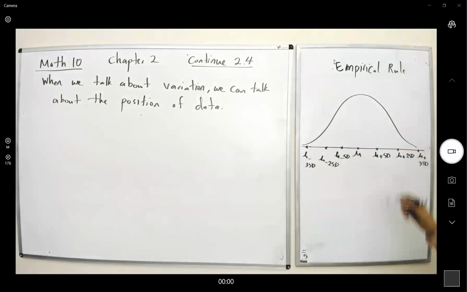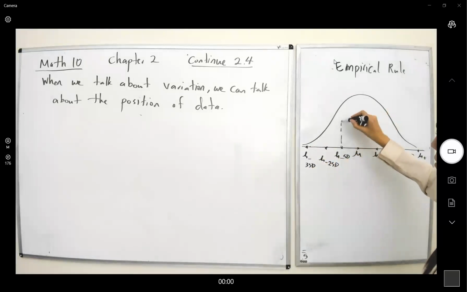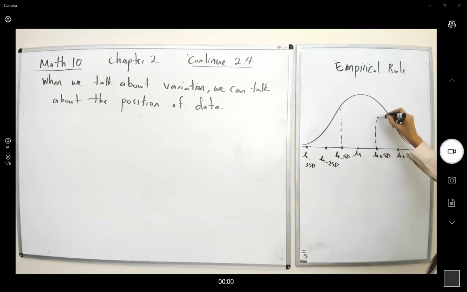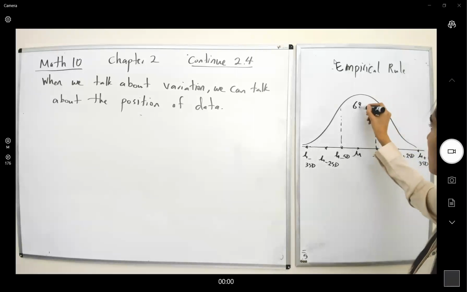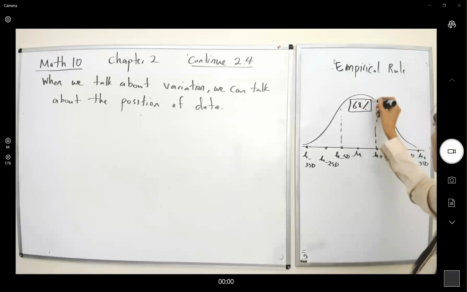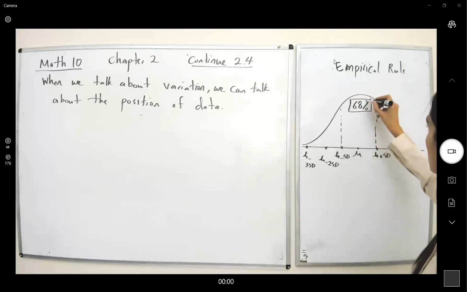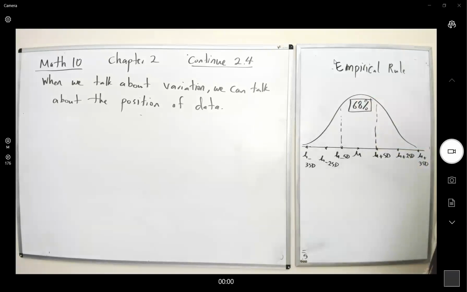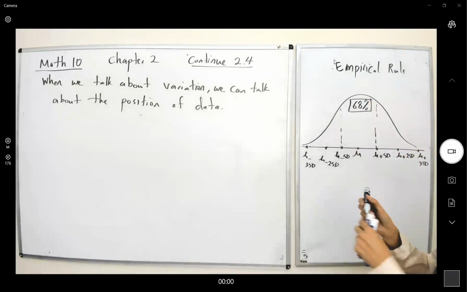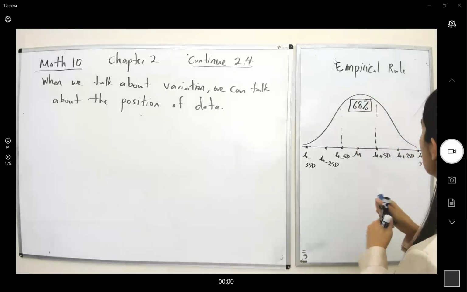Okay, so remember that 68% of your collection are in between one standard deviation away from the mean. Then you have how many percent? 95%. Let me use a different color for you.